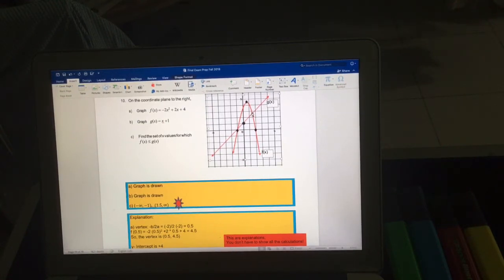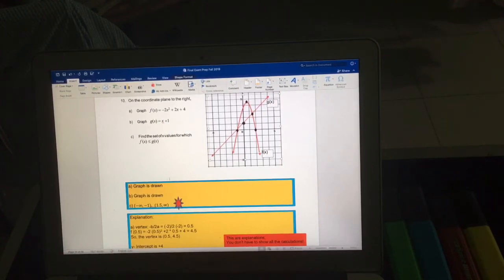That means from this point to plus infinity and from this point to minus infinity, it fits this condition. That's why I said from minus infinity to -1, and from 1.5 to plus infinity. Actually this is 1, then this is 1.5.